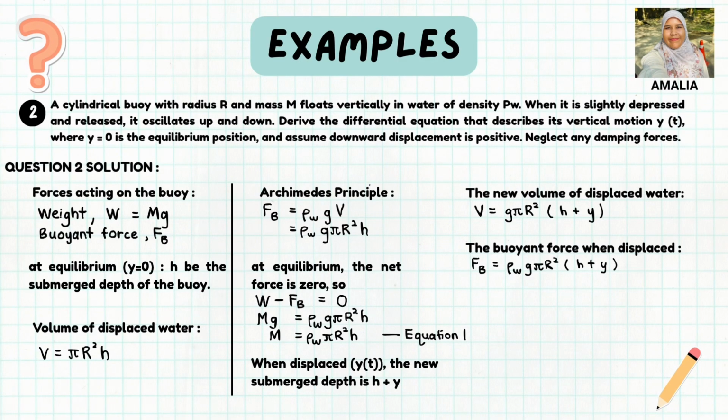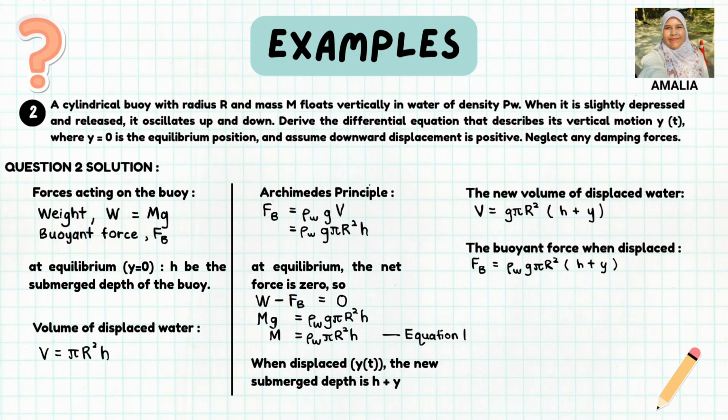So the volume of displaced water is the same as the first question because we're also using a cylinder. So V equals π r² h. Then the Archimedes principle, which is Fb equals density of water times g times V. So we got ρw g π r² h. Just put in the volume that we got, and then at equilibrium the net force is 0.